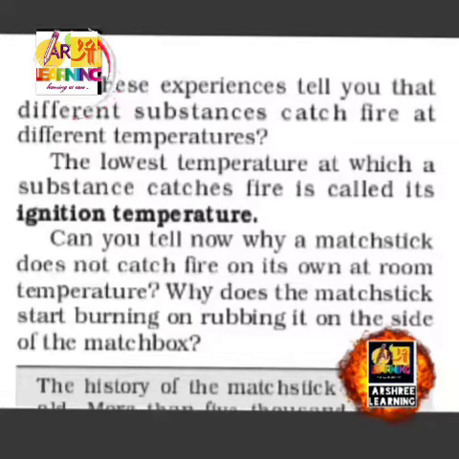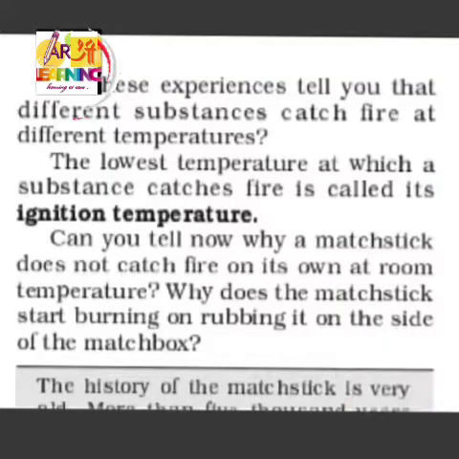When you try to burn paper, it will take less time, but when you try to burn a piece of wood, it will take more time. So how do you burn a thick piece of wood? You have to bring the substance to its burning temperature. When any substance reaches its ignition temperature, it will catch fire.